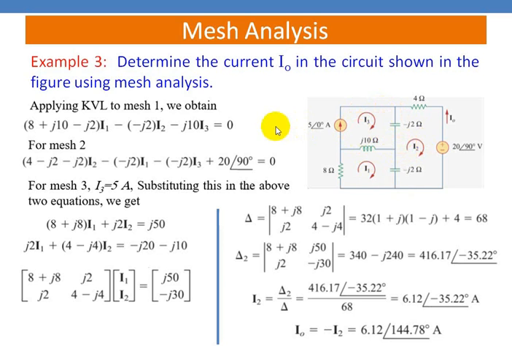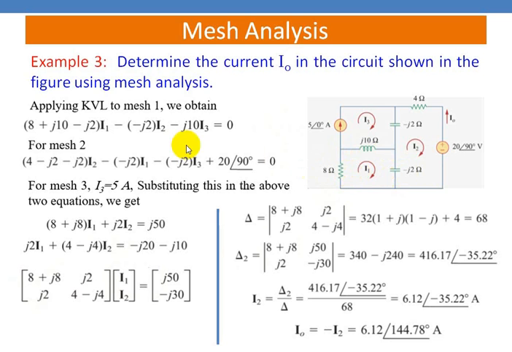Okay, now let us write the equations. So you know how to directly write the equation in matrix form. For example, if you want to write this element, this element is going to be the coefficient of I1. So you have to sum up all the resistances or reactances in the first mesh, that is 8 plus J10 minus J2.